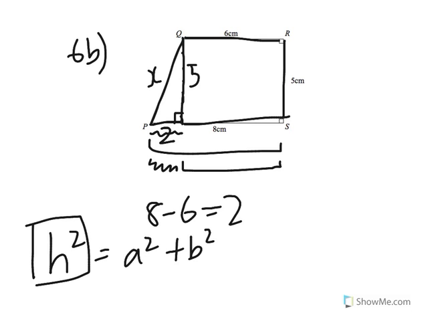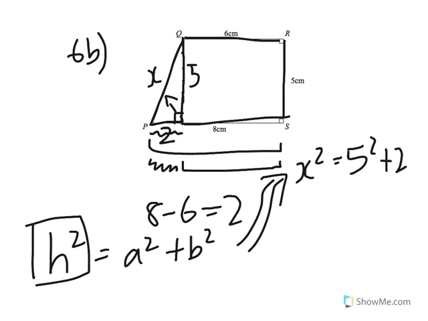So in this case, our hypotenuse, which is the side opposite to the right angle, is x. Substituting everything into this equation, we get x squared is equal to 5 squared plus 2 squared. And so x squared is equal to 25 plus 4.